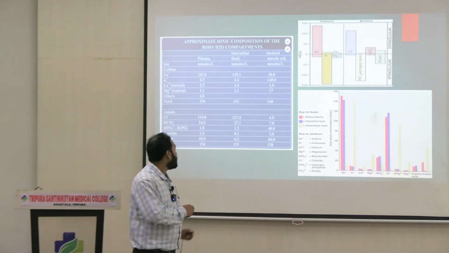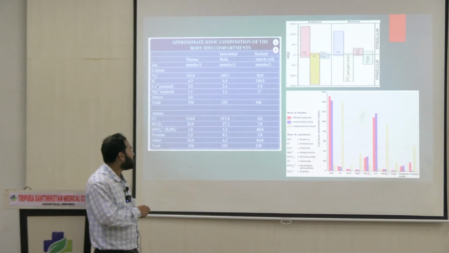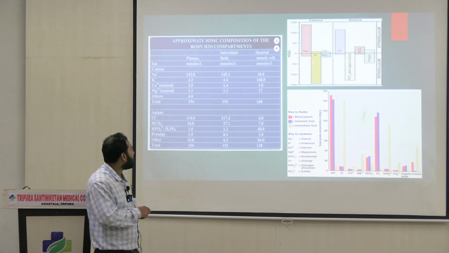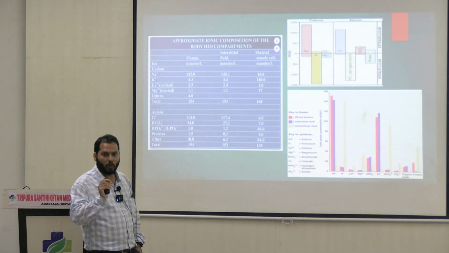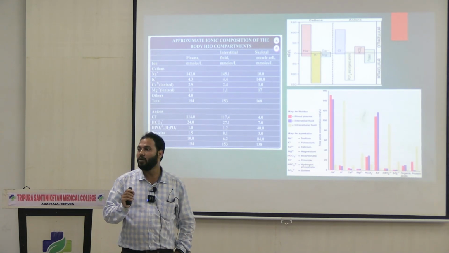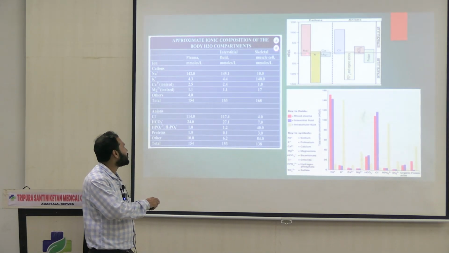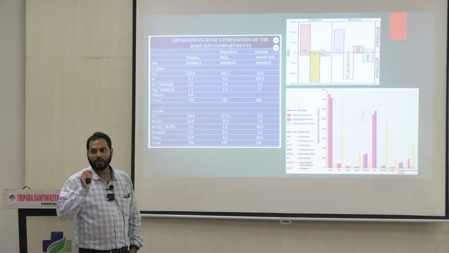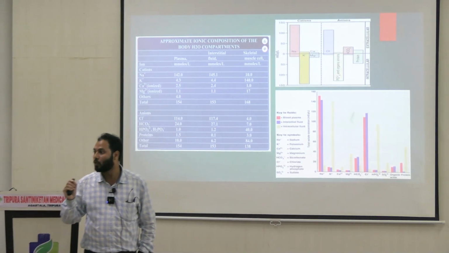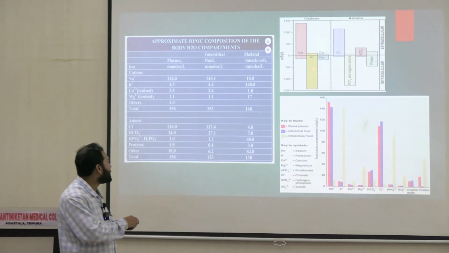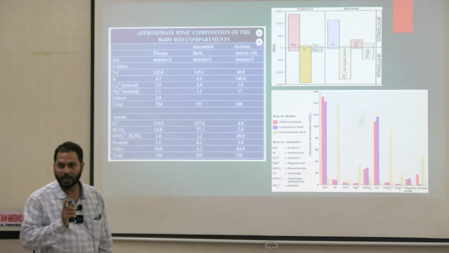In this diagram, the upper portion shows the sodium ion, a cation, and the lower portion shows the potassium ion, also a cation. Remember, the maximum amount of cation present in extracellular fluid is sodium ion, whereas the maximum amount of cation in intracellular fluid is potassium ion.